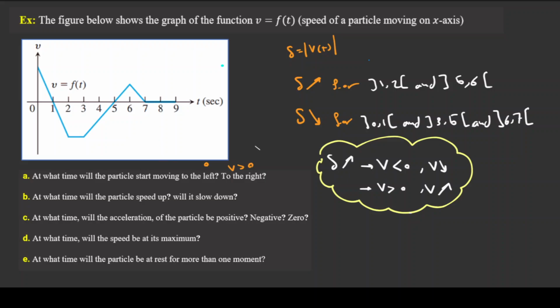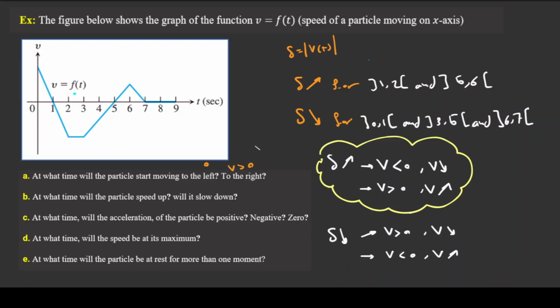But when the velocity slows down, we have two cases: when velocity is positive and when velocity is negative. It's the opposite: when velocity is positive and decreasing, it slows down. But when velocity is negative and increasing, it slows down. Again, look at the graph here, guys.